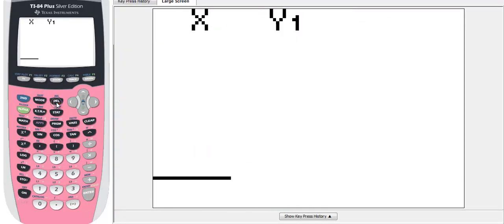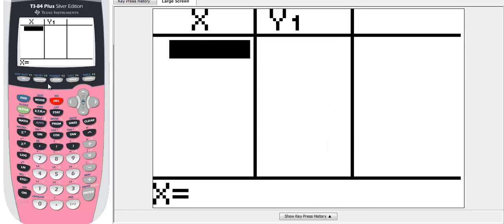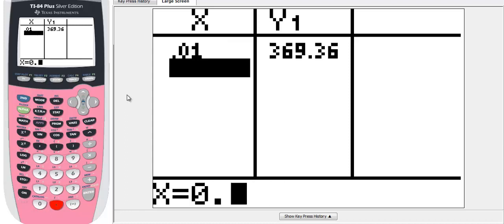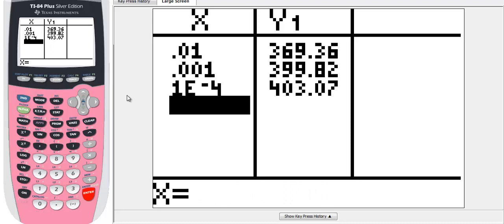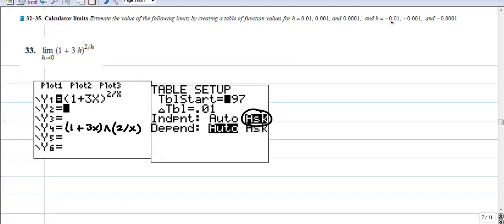So let me delete these out. And so it wanted 0.01, 0.001, 0.0001, and then it wanted, let's see, negative.